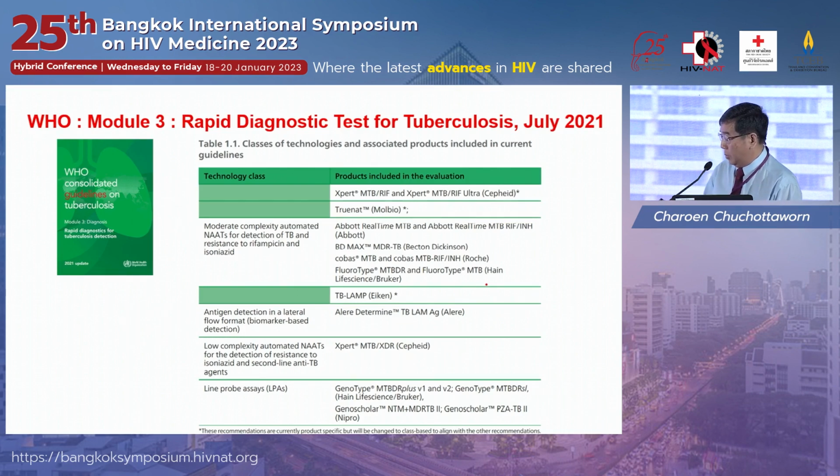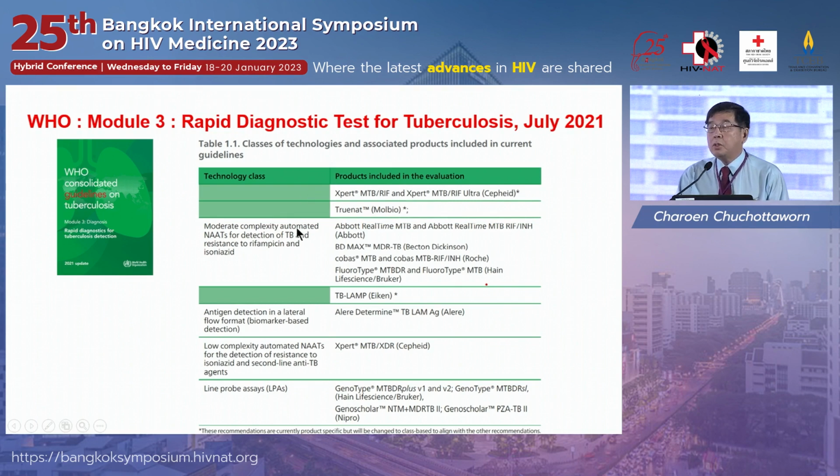And WHO recently launched the consultative guideline for diagnosis of TB. WHO endorsed the molecular test for diagnosis of TB. And WHO recommends using Xpert as a first tool to diagnose TB and also to detect rifampicin resistance.